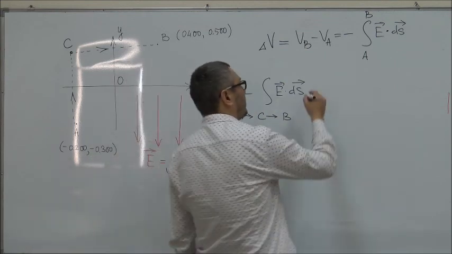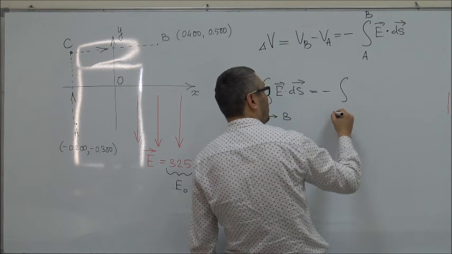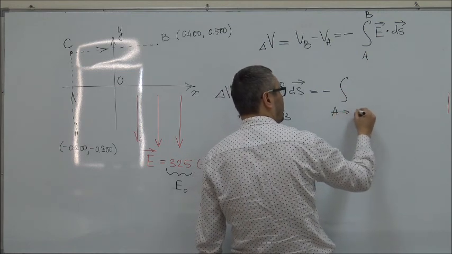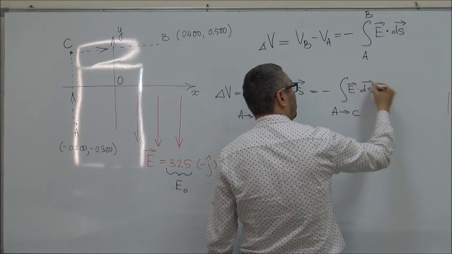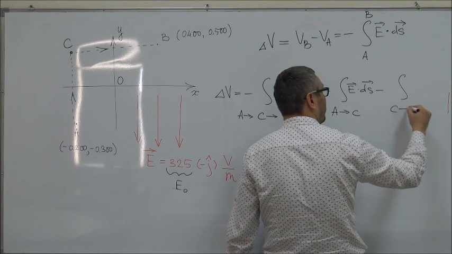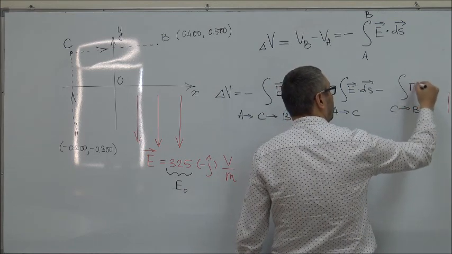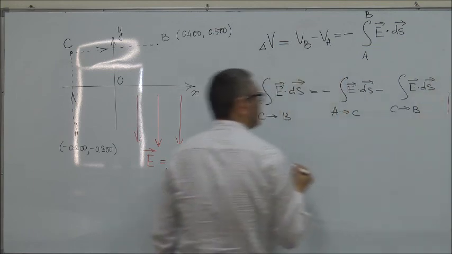Now this can be broken into two integrals. This is equal to negative of integral from point A to point C, E dot ds, minus integral from point C to point B, E dot ds.